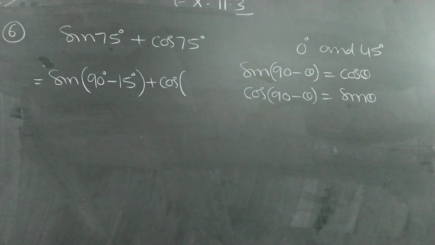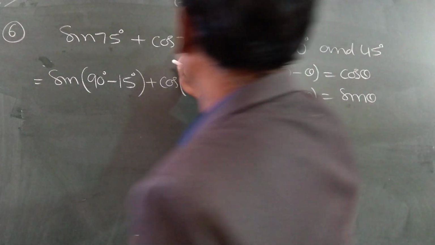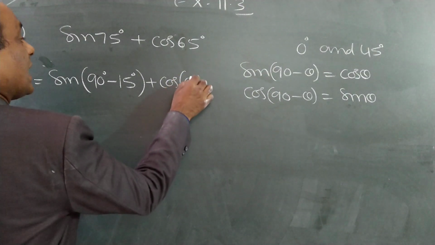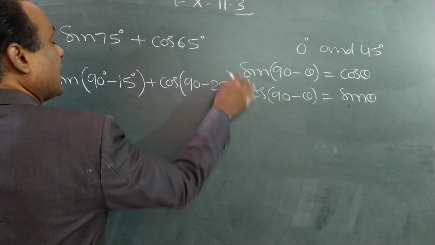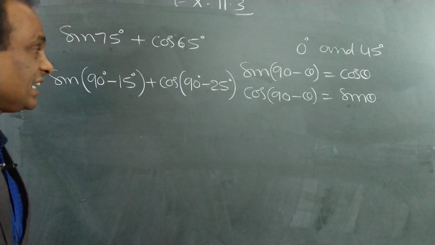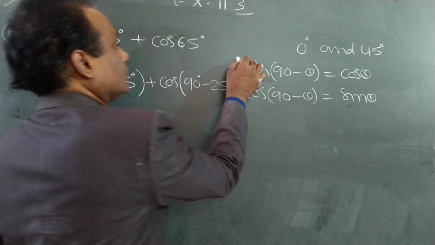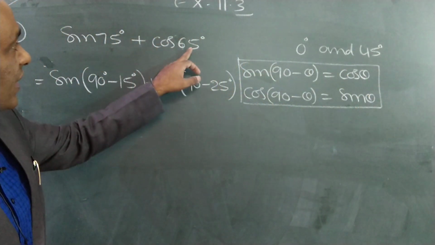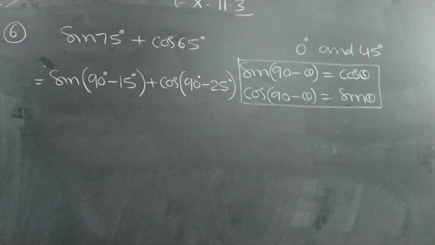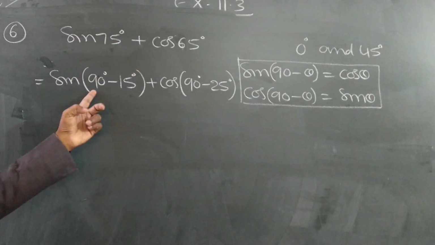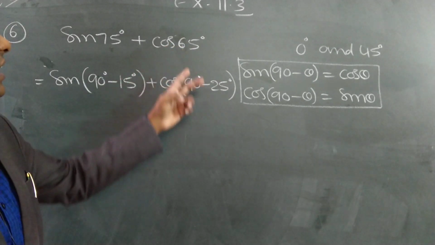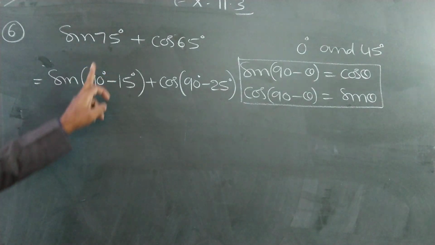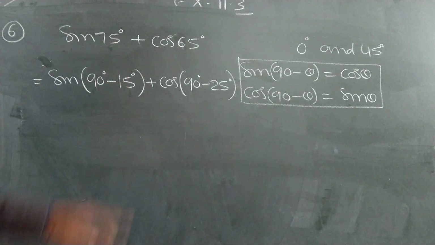Now we have sin 75 and cos 65. 65 can be written as 90 minus how much? 25. See, 90 minus 25 is 65. 75 is written as 90 minus 15.